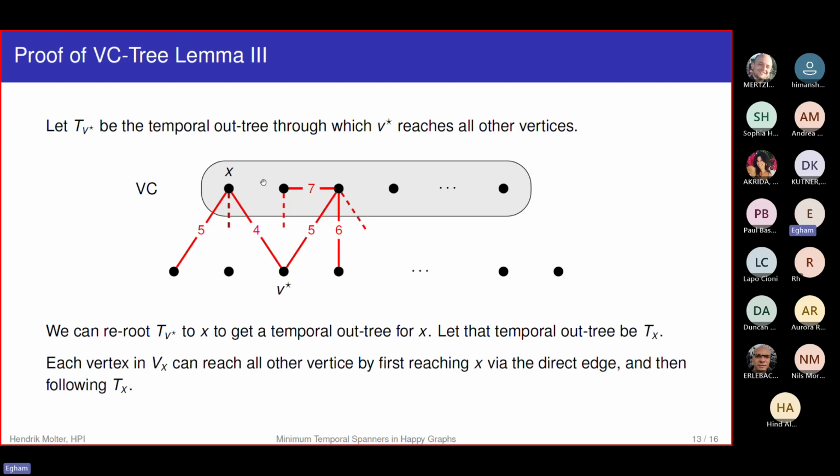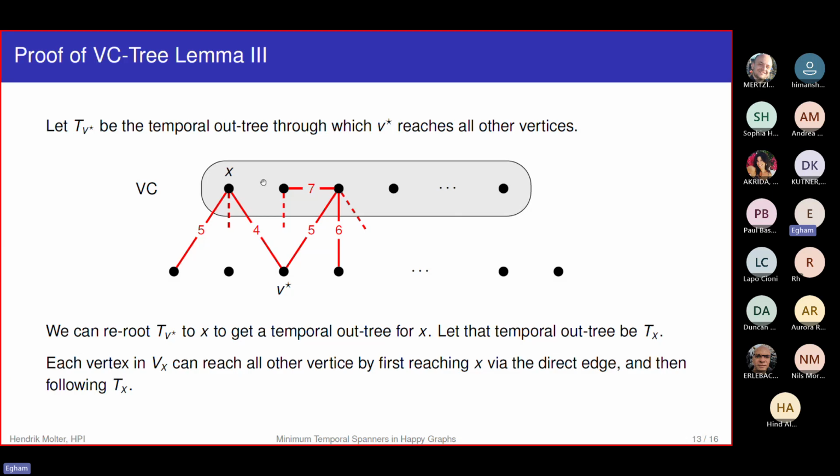So all the other vertices in Vx, what they can do now, they can just use their edge to X, which we know is earlier than the edge that V star used to get to X. And then from there, reach everybody else, right? So basically, all the vertices in Vx use the same out tree T with at most one additional edge, which is the one from themselves to the vertex X. So if I take this for all of the partition, this gives me a temporally connected graph, which is a subgraph of my spanner, but because I assume my spanner is minimal, it has to be the spanner itself.